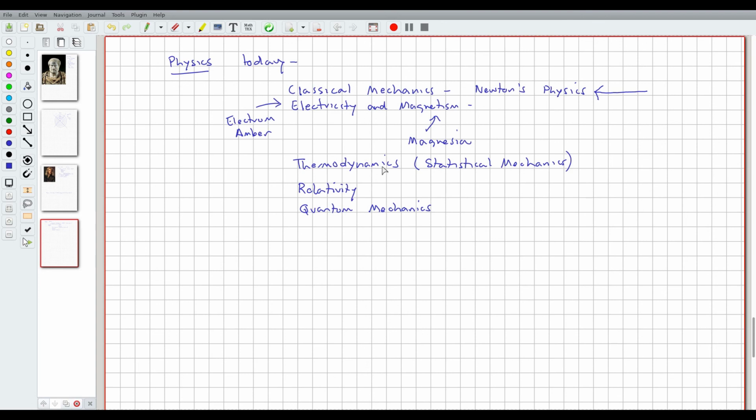It allows you to talk about things like thermodynamics and relativity and quantum mechanics. So without a good foundation in the old way of thinking, the classical mechanics, you can't do any of the other stuff. As a consequence, these things right here are typically University Physics 2. And this is University Physics 1.